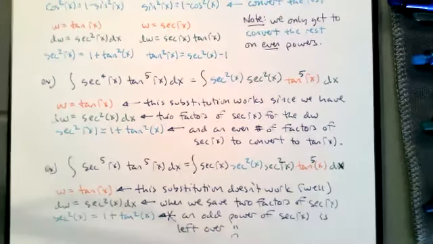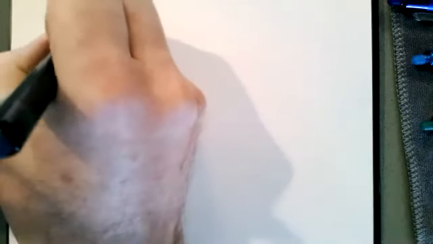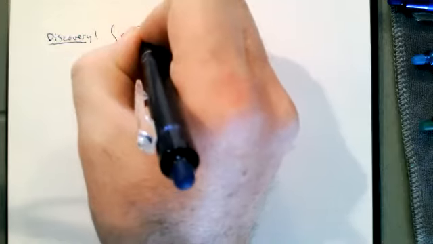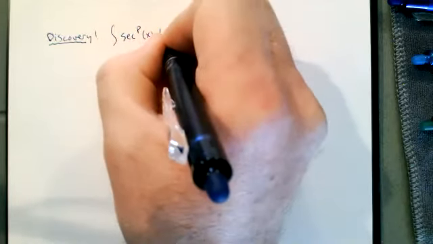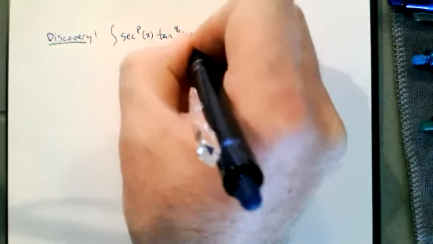So we've made a conclusion. Let's summarize that. So good news, we have a discovery. This is in the category of integrating secant to the p of x times tangent to the q of x dx.